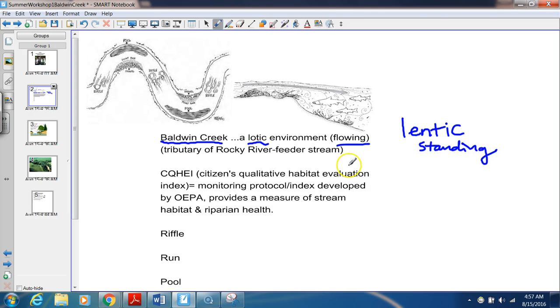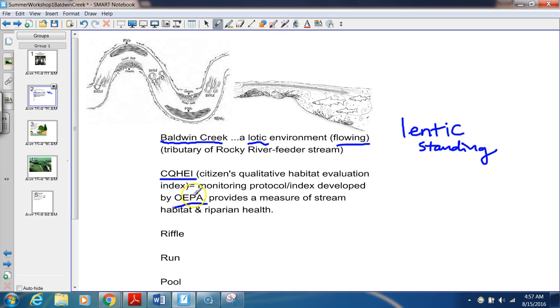And what we did in this lotic environment is we performed a monitoring protocol. Now this monitoring protocol is again called the CQHEI, which is like the common person's index. Actual scientists that work for the Environmental Protection Agency or the Ohio EPA, they use a QHEI.